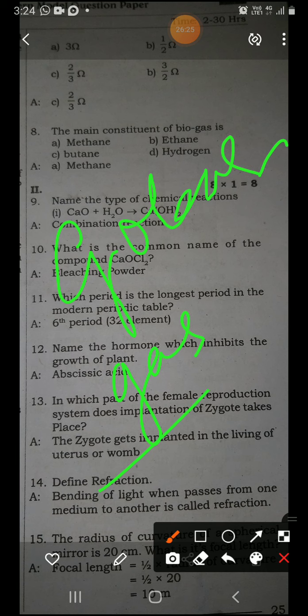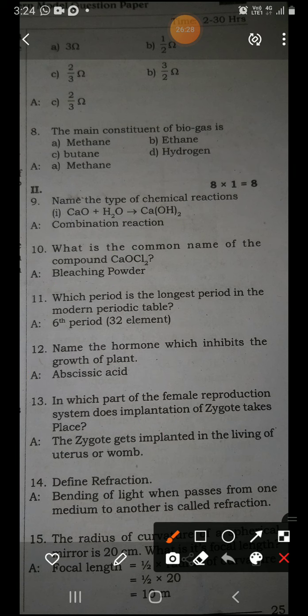It is also called gobar gas. Why is it called gobar gas? Because it is made up of cow dung. Cow dung in Hindi is called gobar, so it is called gobar gas or methane.